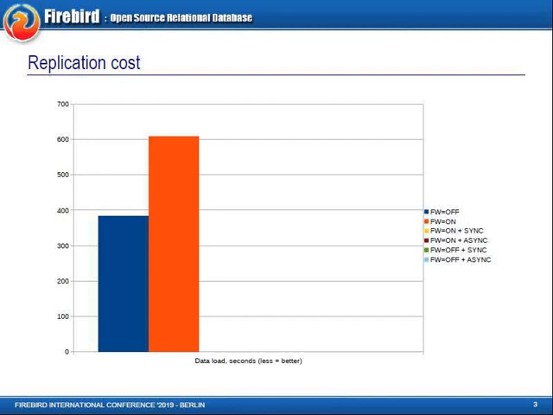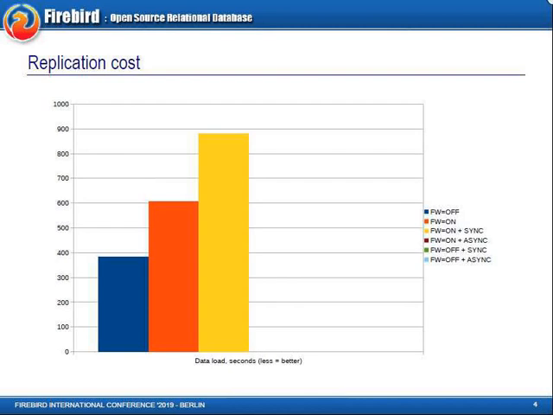So here is the starting point. What if we set up synchronous replication? Again we see that it's slower, about 50% slower. Why? Well, we have to commit your data on the primary side, transfer the changes to the replica side, and commit them there as well.